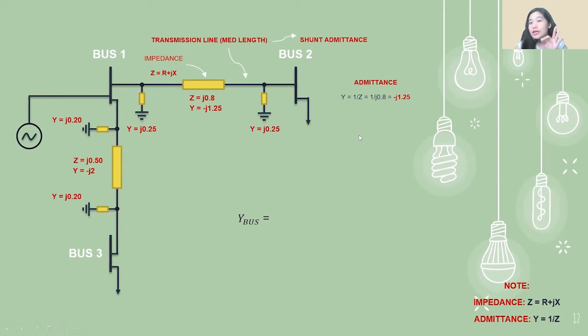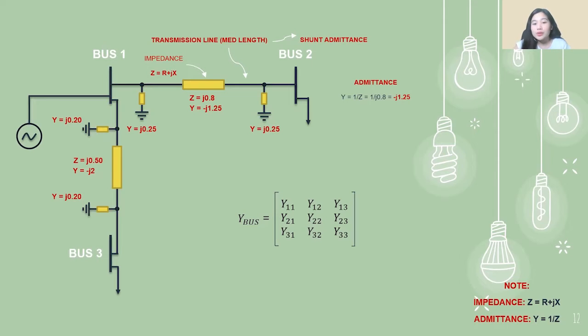So we have a 3 by 3 matrix, which is familiar from our Circuits 1. Vertically we have 3 components and horizontally we have 3 components as well.